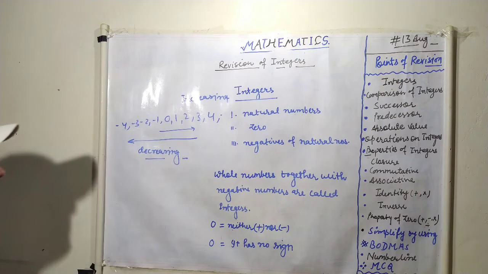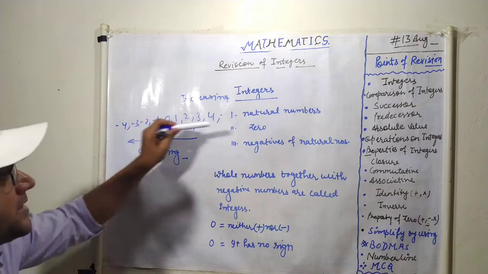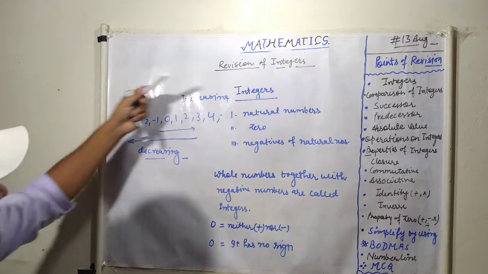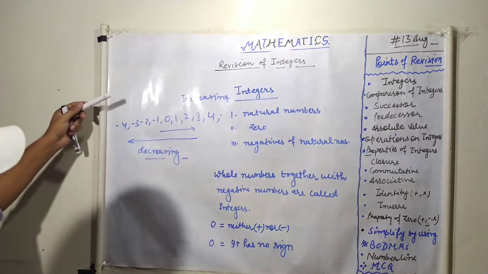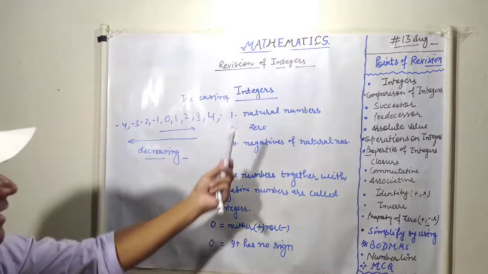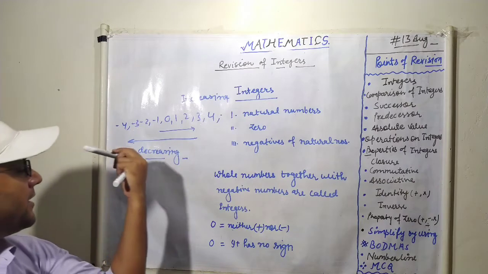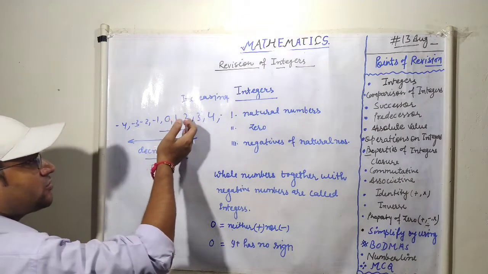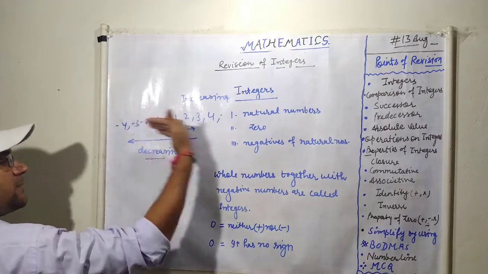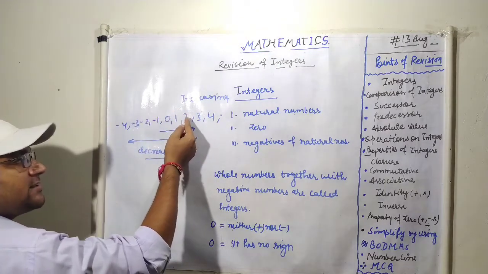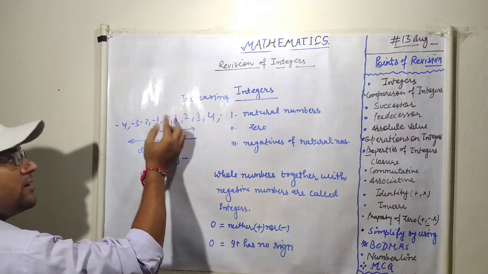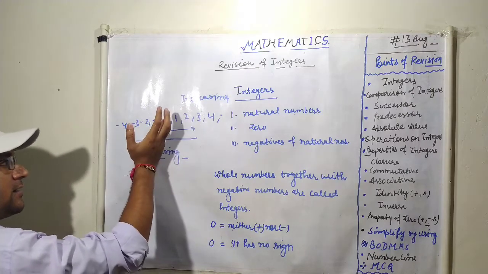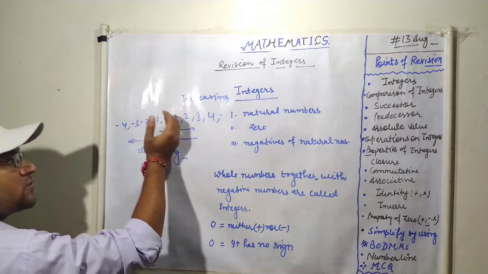This is the comparison of integers. If you are moving right side of your integer, then its value is increasing, and if you are moving left side, then the value of the integer is decreasing. Like 2 and 1: moving left, 1 is less than 2. 0 is less than 1, minus 1 is less than 0.